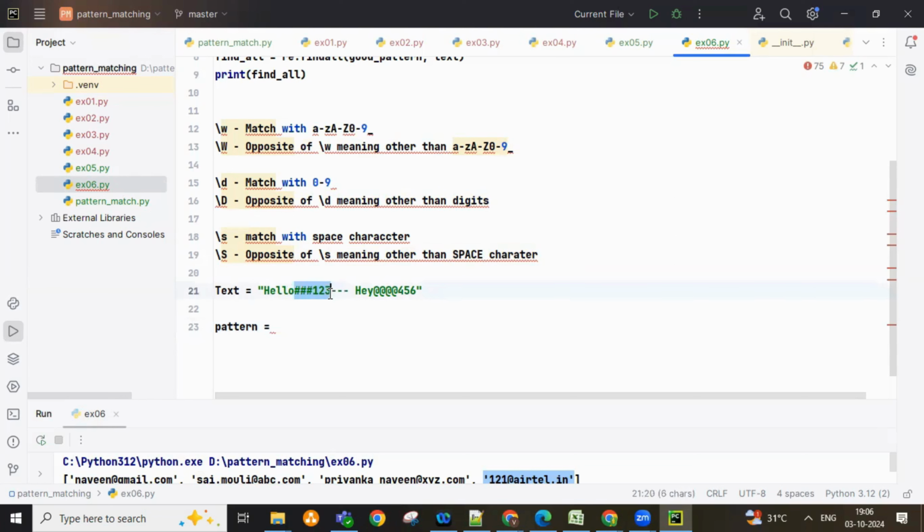I want to match with digits and the special characters, right? Guys, it's simple, okay? It's simple. So first of all, what is the common one? When you are working on this, first you need to understand what is the common one here. What is the common in both?